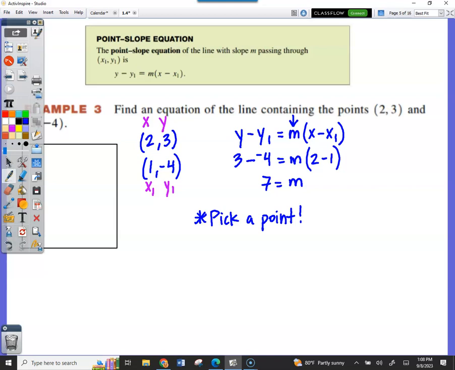You'll still get the same answer. So where it says pick a point, I'm going to draw an arrow to say, okay, I picked (2, 3). This is now going to be your x1, y1. And then, of course, you already found the slope was 7.